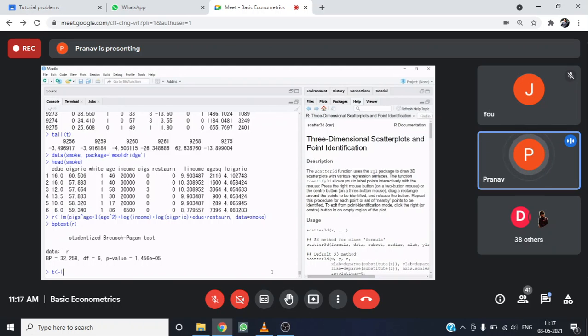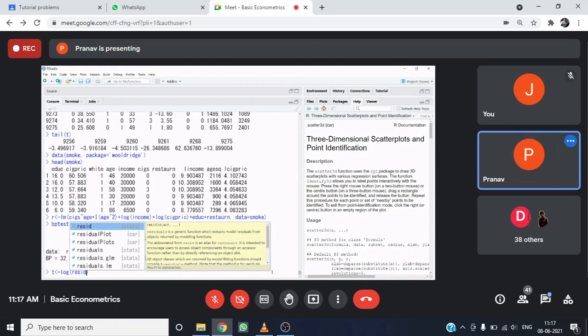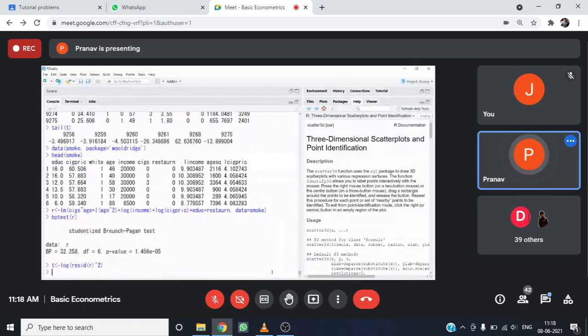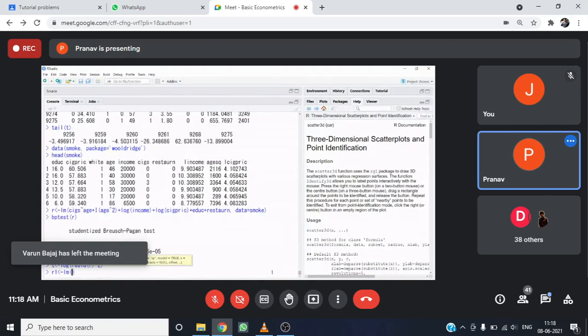Let me write it as log of S equal to R squared. So this is my log of residual R squared. And now I have to run this regression on the variables that I have. So let me call it R1, an lm of it on the variables.